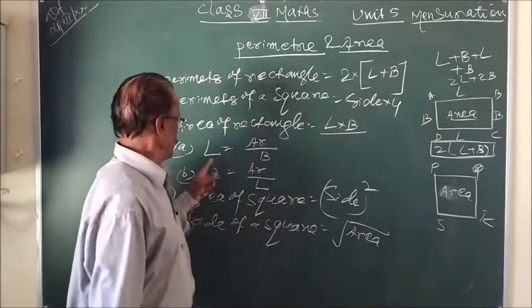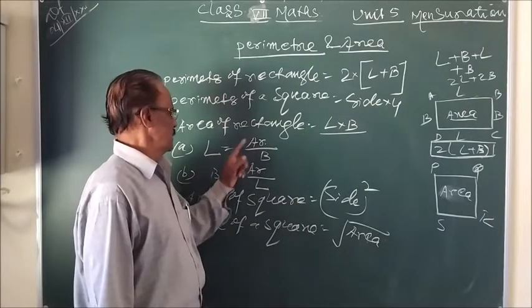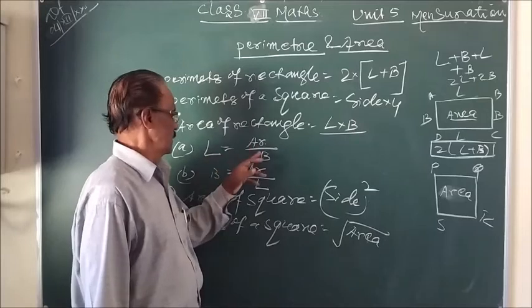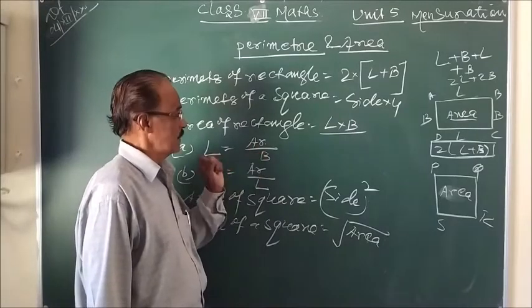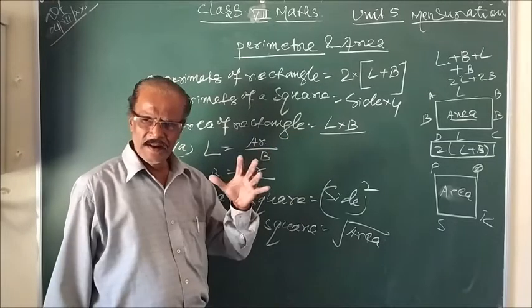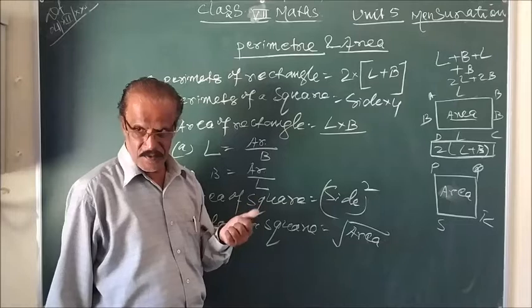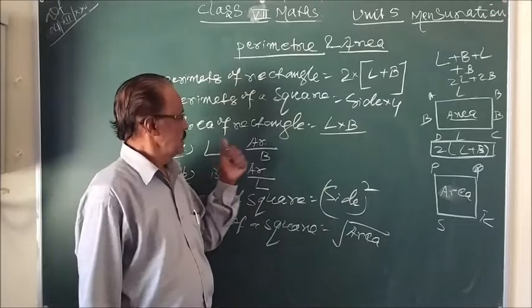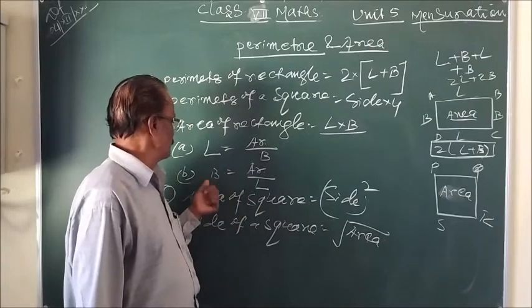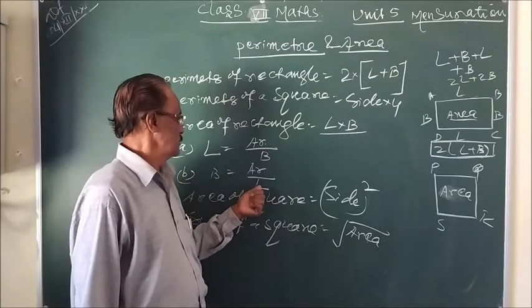From this formula, if area and breadth are given, you can find L equals A upon B, that is, area upon breadth. How? You use the transposition method from algebra. So L is equal to area upon B, and to find breadth, it is area upon length.